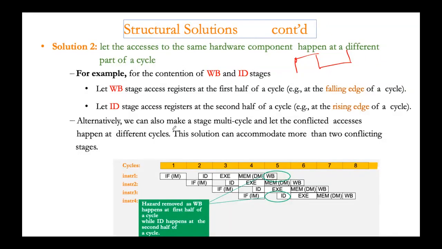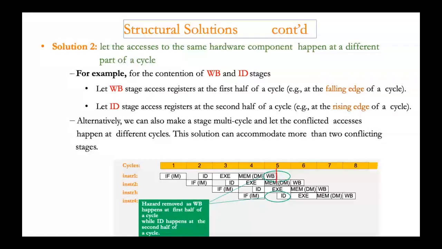Alternatively, we can also make a stage multi-cycle, and let the conflicting accesses happen in different cycles. So this situation can accommodate more than two conflicts. In this case, the hazard is removed as the write back happens in the first half of your cycle, while the ID happens in the second half of your cycle.